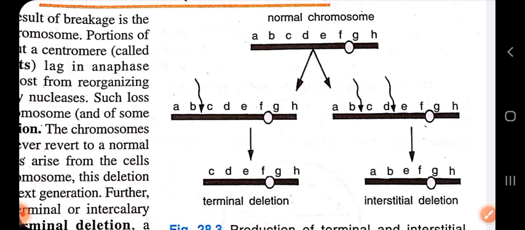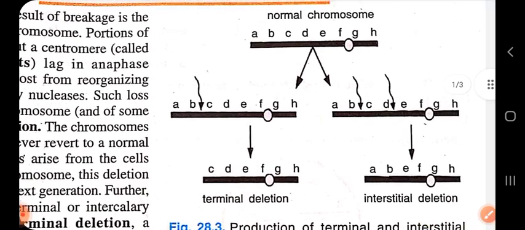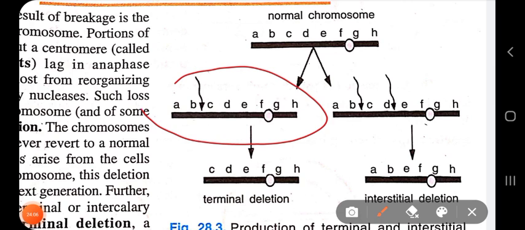Next, I want to say that cytologically we can detect this type of deletion. Cytologically means by cell study we can observe these deletions. But if there is a minimal deletion, it is very difficult to observe.